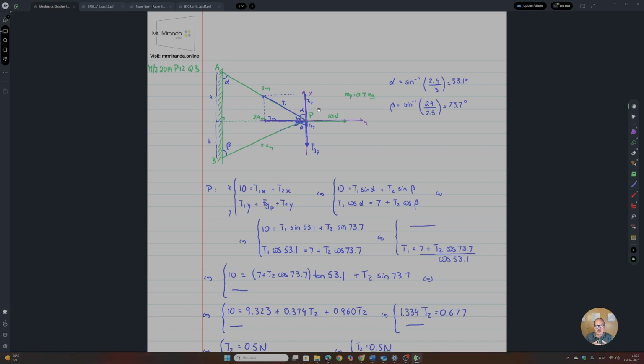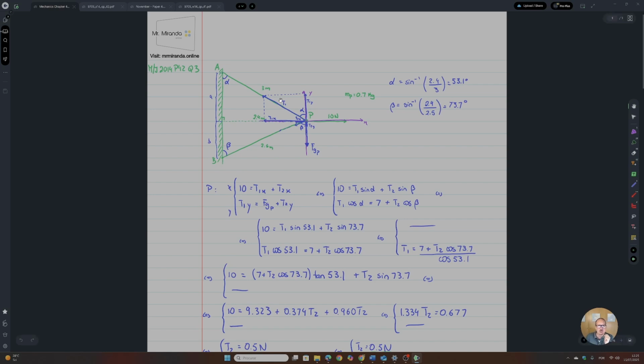The sum of all forces or components expressed in the x-axis needs to be 0. The sum of all forces or its components expressed in the y-axis also needs to be 0. Okay? So that's the main concept that you have to follow throughout all these questions.